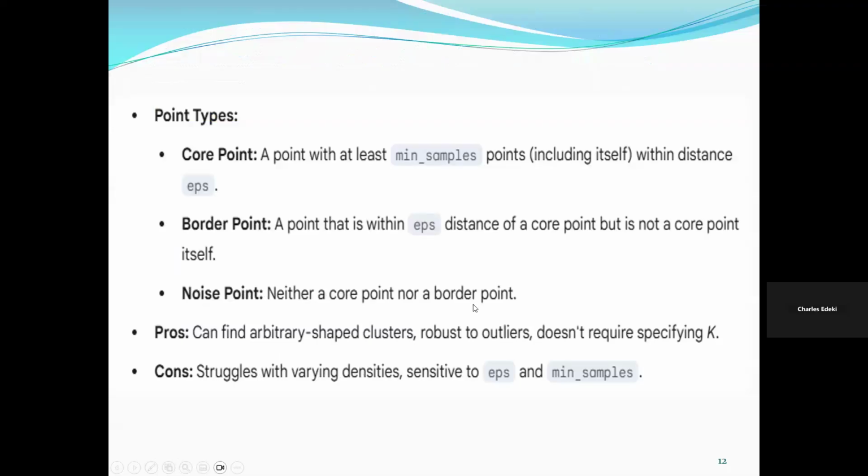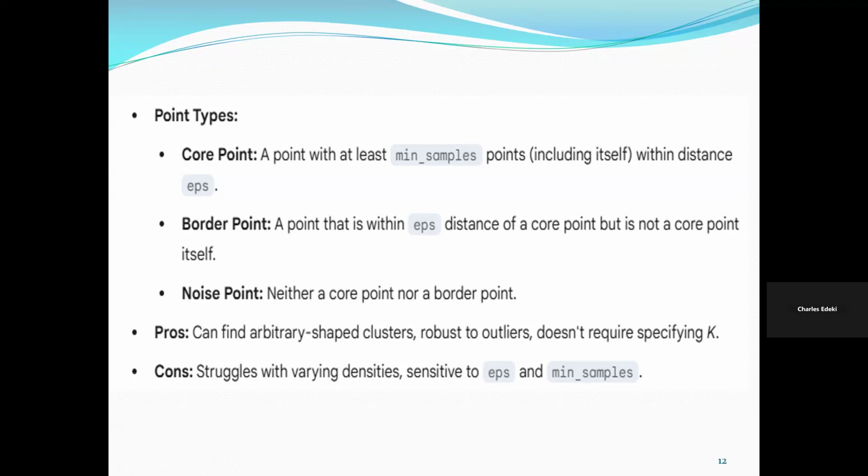So we have what we call the point types. The core point is a point that has at least the minimum sample points, including itself, within its epsilon radius. Then we have a border point.